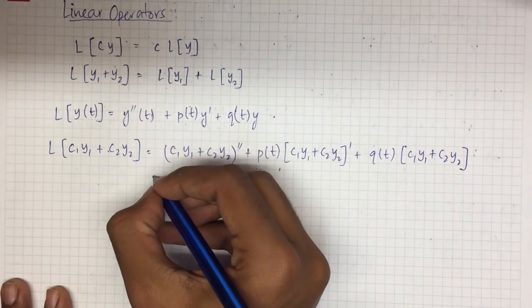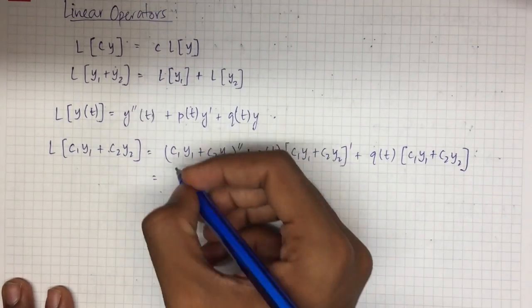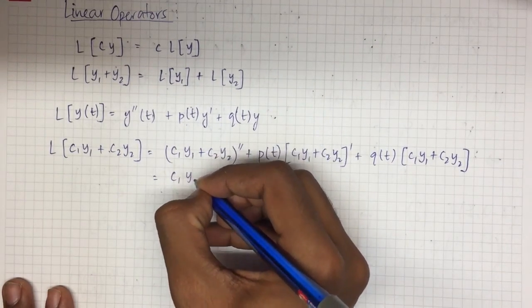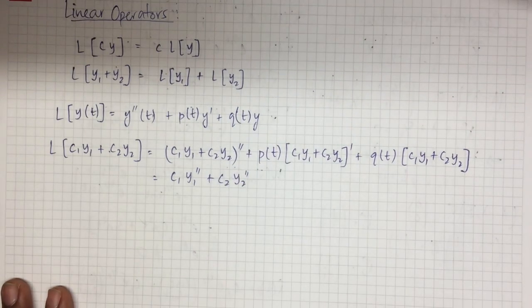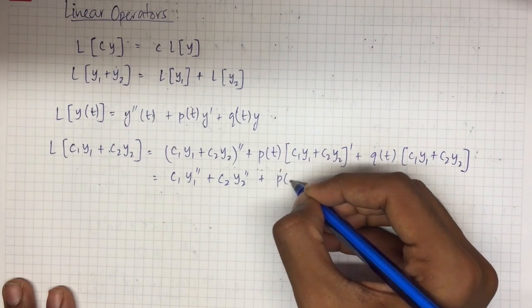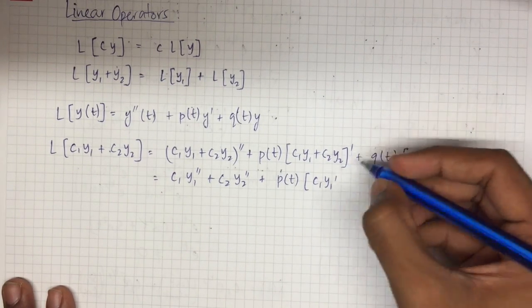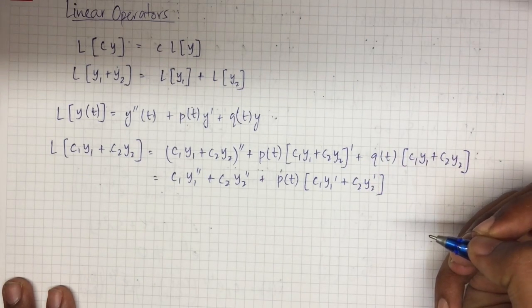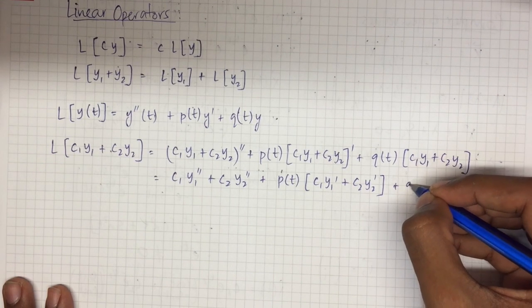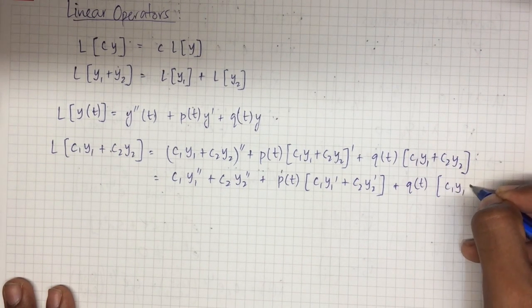Okay, now I'm going to differentiate this. So when I'm differentiating it twice, I'll get c1 times y1 double prime plus c2 times y2 double prime, because c1 and c2 are constants, right? So plus p of t times c1 y1 prime plus c2 y2 prime, correct? And then plus q of t, and then that would just stay because I'm not differentiating anything.